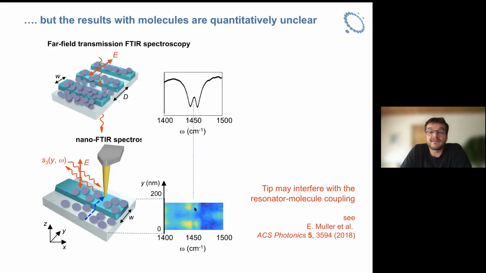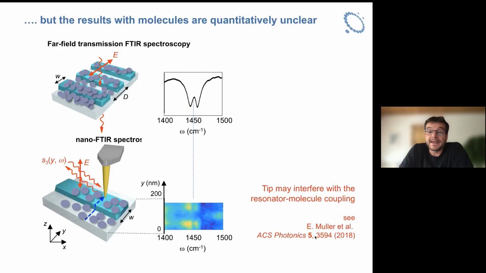And we were quite fascinated by this, but we soon realized that there are a couple of strange things going on here. It turned out that the tip is acting as an antenna concentrating the light field, which may influence this strong coupling, and may actually need to be considered as a third oscillator in the coupling between molecules and ribbons.